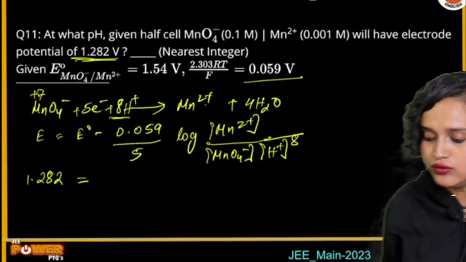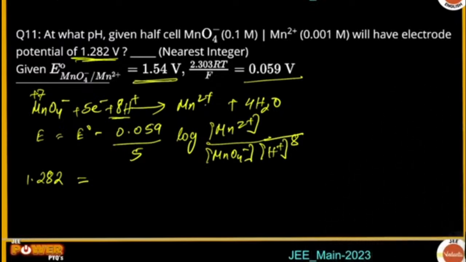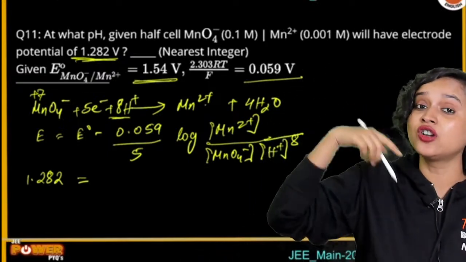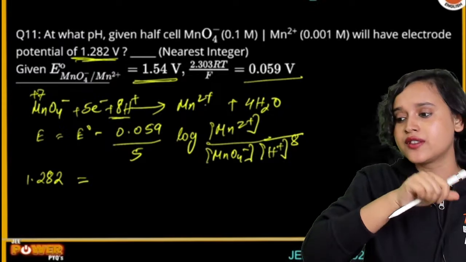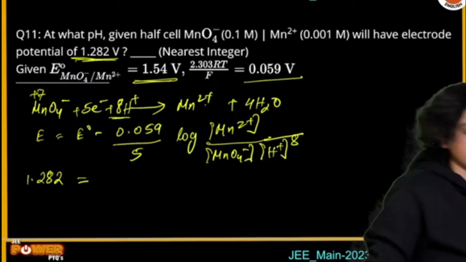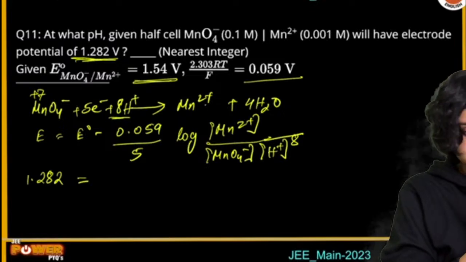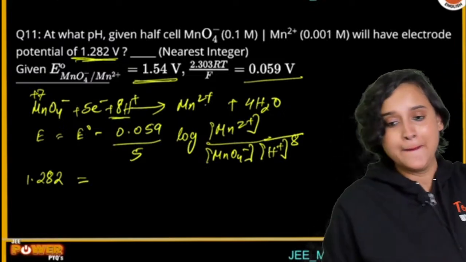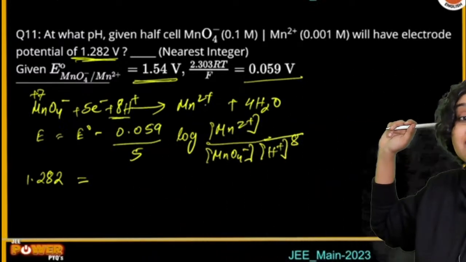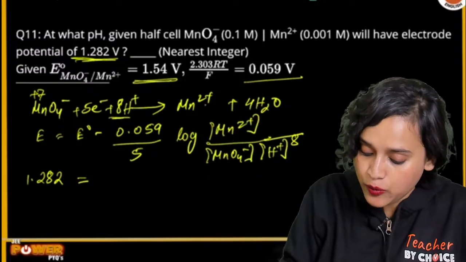So all you have to do is substitute now. 1.282 is equal to E naught value, which is 1.54. Since nothing else is written on the other side, you will consider that it will just be 1.54 volt.